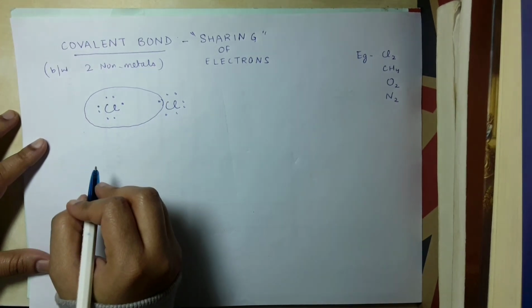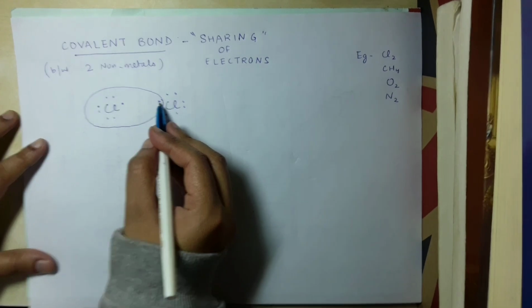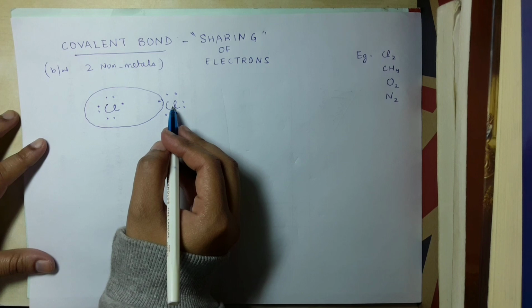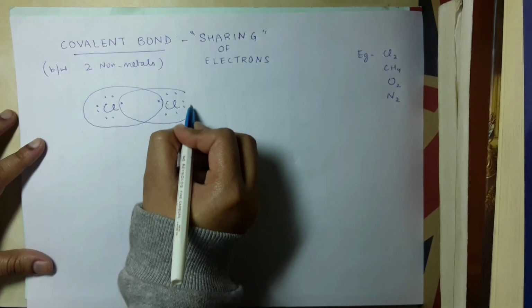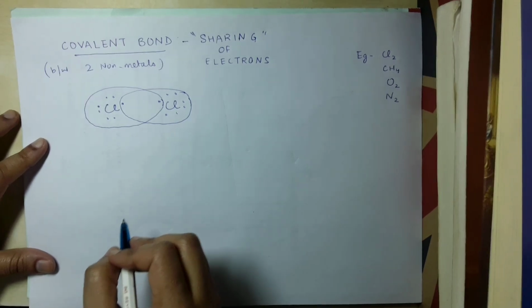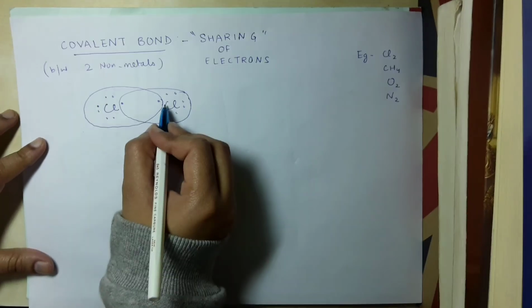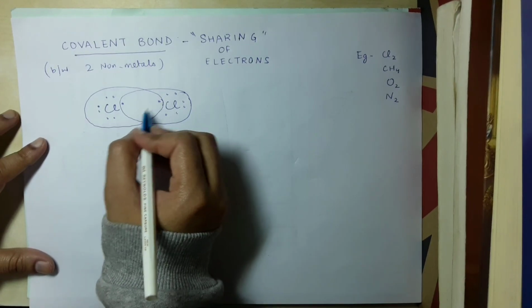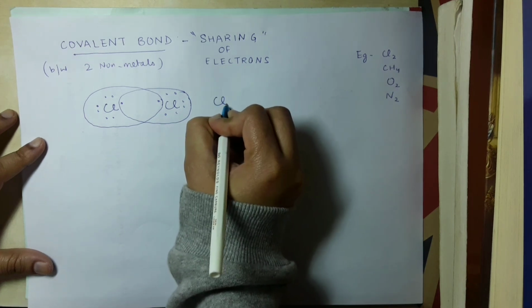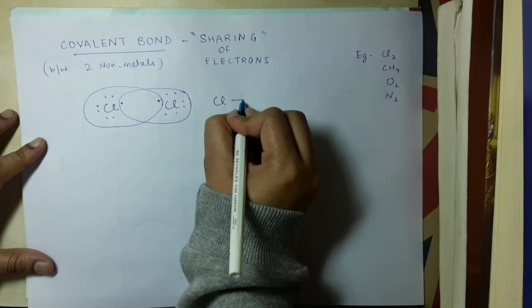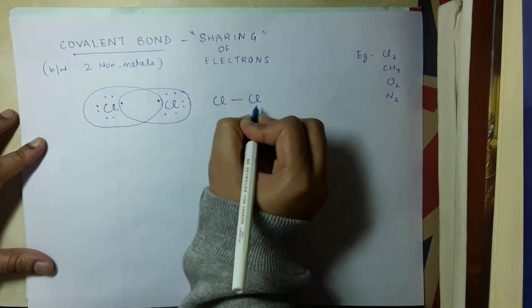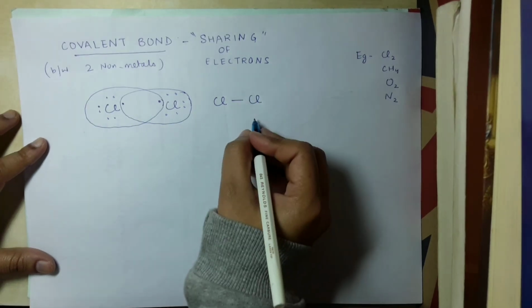So it has 8 now. It's sharing one of the electrons with the other Cl. Now similarly, the other also takes 1 when it needs it. So basically they're sharing an electron. So these 2 electrons combine to form 1 bond, which is a single bond. We generally denote it like this.